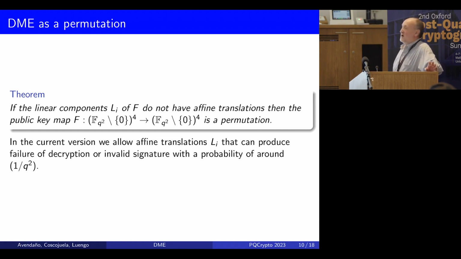Remember that in every step of this composition, the linear parts are isomorphisms, and the nonlinear parts are also bijections in FQ minus the axes. So if we don't have an affine translation, then the public key map is a permutation. If we have an affine translation, there can be failure of decryption or failure of signature, but the failure of signature can always be avoided.